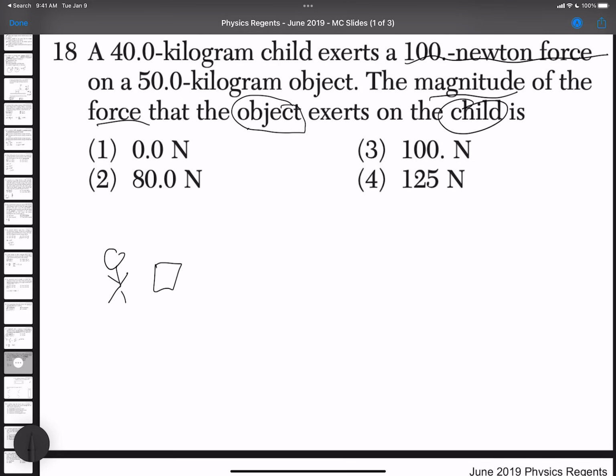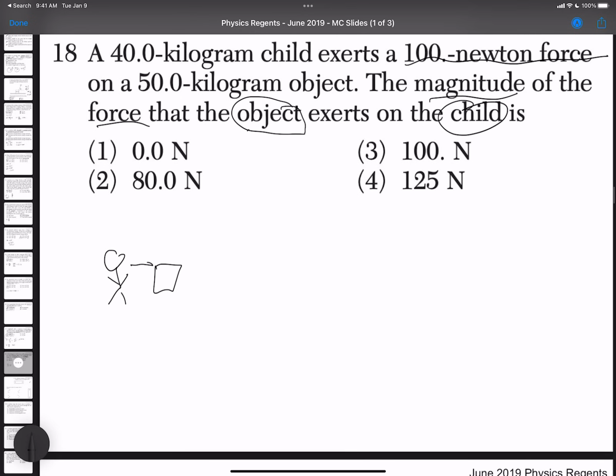We're told that the child pushes on the box, exerting a force of 100 newtons. So this would be the force of the child on the object.